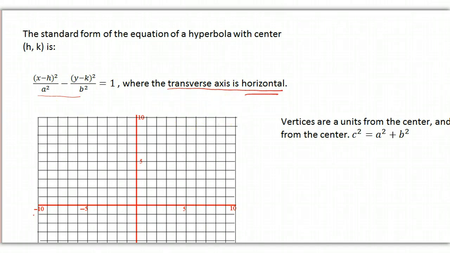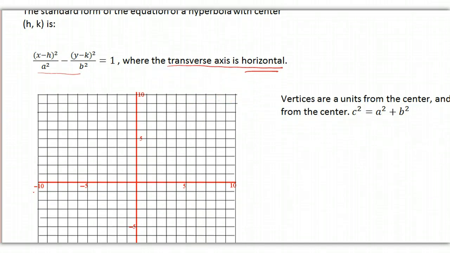Okay? So, how do all these parts fit together? Well, let's say that our center is just randomly right there, (h, k). I'm going to go horizontally a to the left and a to the right. So that's negative a there, and that's a there.